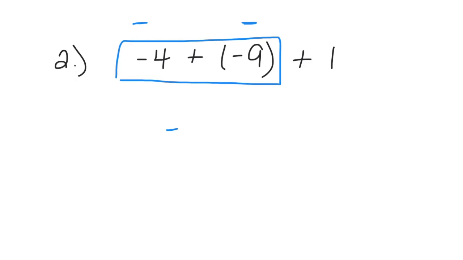So I get negative 13 because I always keep the sign of the biggest number. And then I'm going to bring this down. Now my signs are different. Different sign subtract. 13 minus 1 is 12. Now my sign for this is negative because I always keep the sign of the biggest number. And 13 is a bigger number than 1.